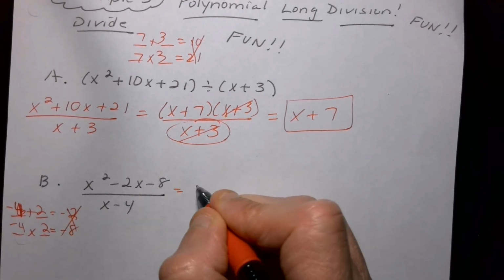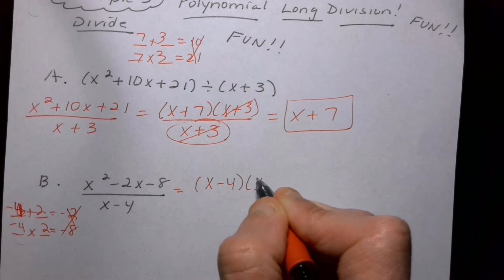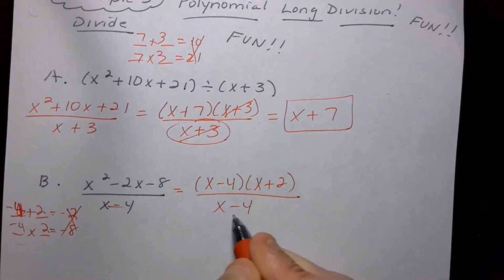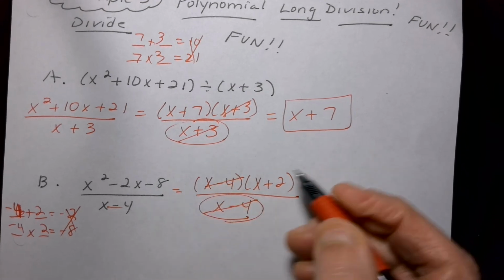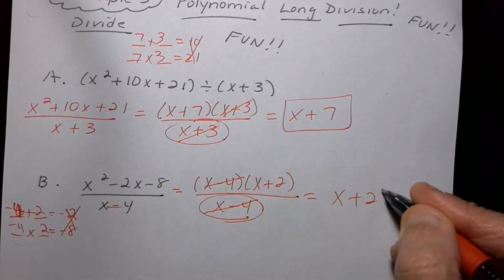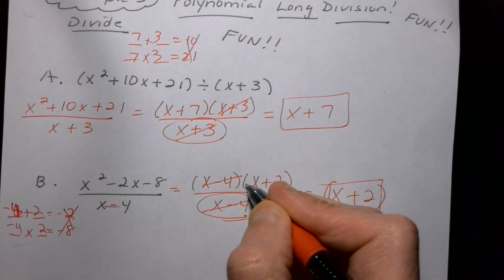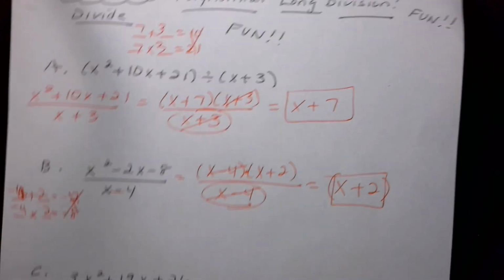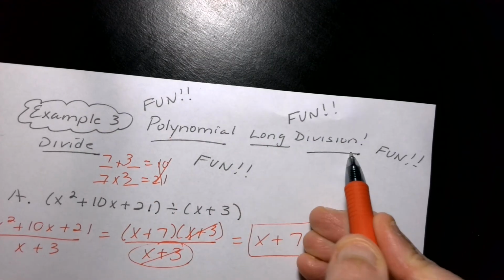So I'm left with x minus 4, x plus 2, all over x minus 4. This has to stay together, but that's fine because I have the whole thing on top. And it's multiplied.